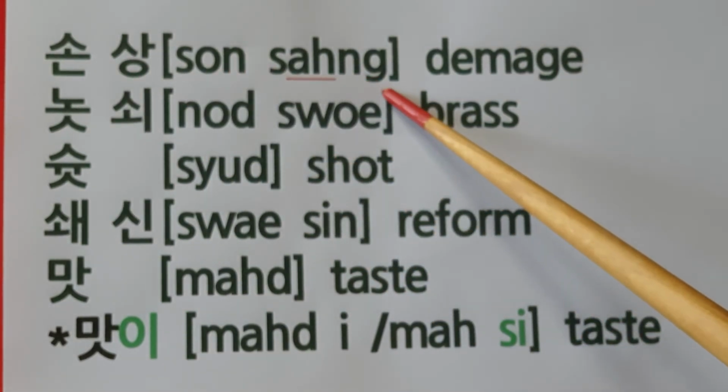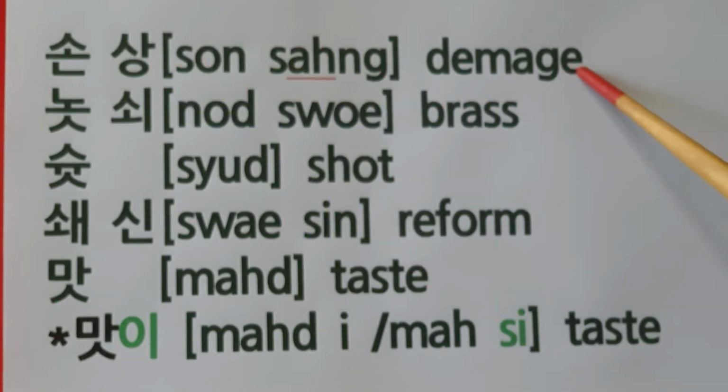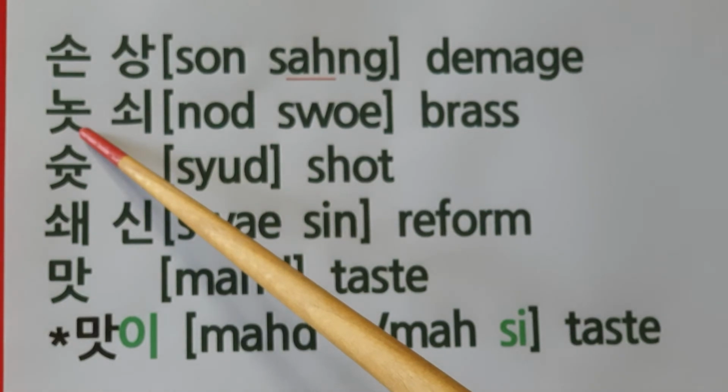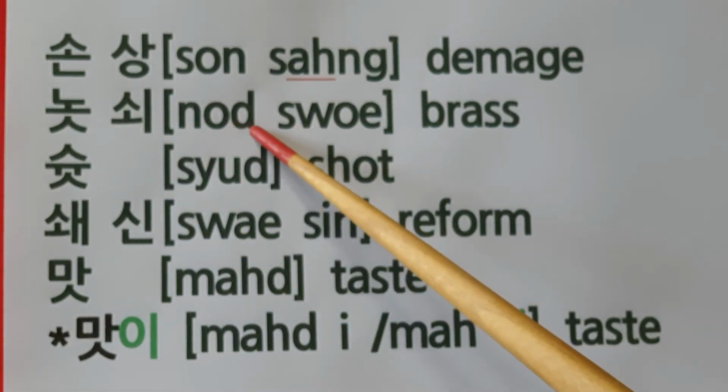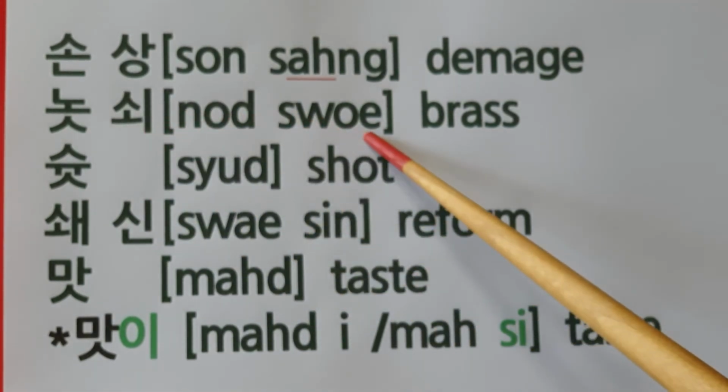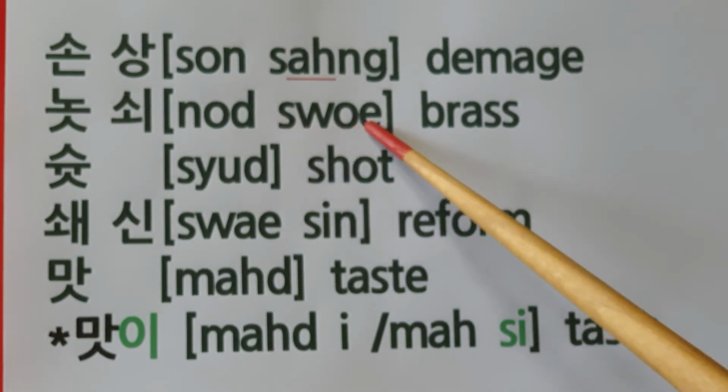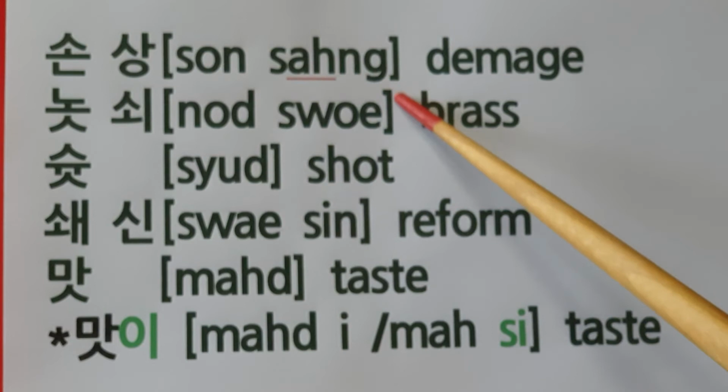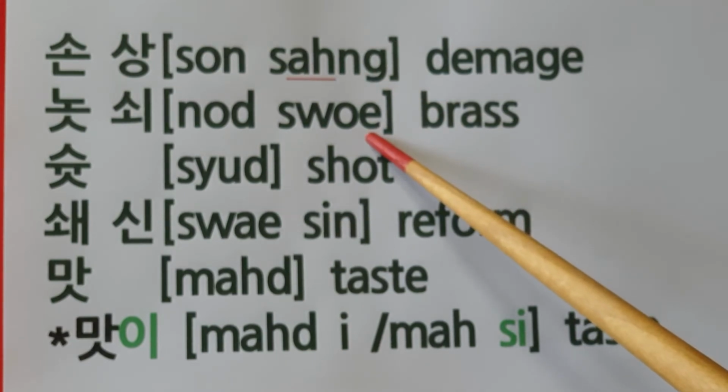손상, damage. Not, it's this sound, right? 쇠, not 쇠, not swear. Make it one syllable. 쇠, okay?